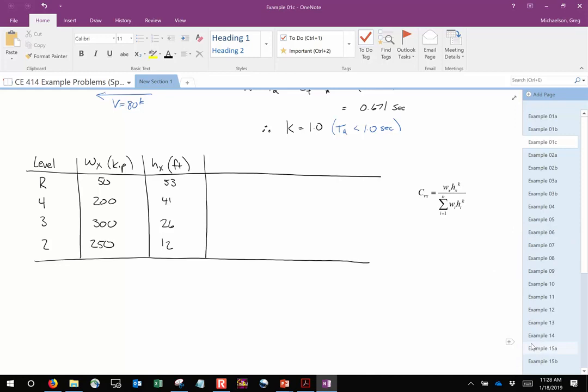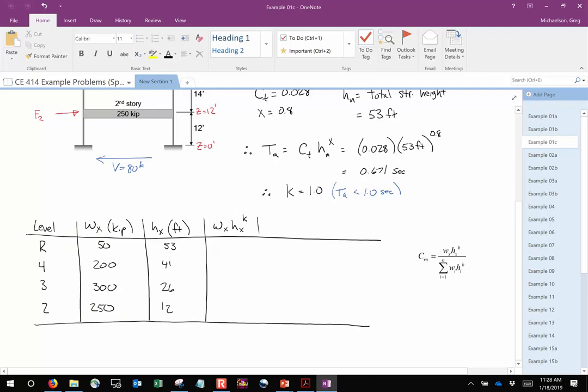So what I'm ultimately going to do is I have the weight of each story and the height of each story. So I'm going to take this times this, but then raised to the k. Now, obviously, we don't have to do anything here because k is 1, but in some instances we might. So this is wx times hx raised to the k. And it's just the height raised to the k. Okay, so let's take the first one.